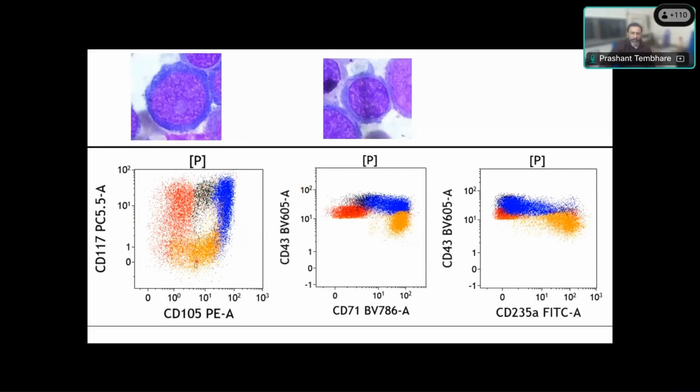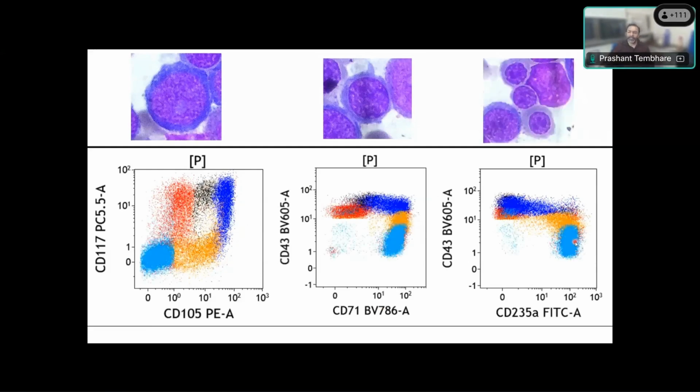and intermediate normoblast. You can see this is an intermediate erythroid cell, which shows weak or loss of CD105A. There is CD43 weak expression, CD71 strong, and CD235 nicely positive. The next stage, the late normoblast, typically correlates with the cluster which is CD117 negative and CD105 negative.